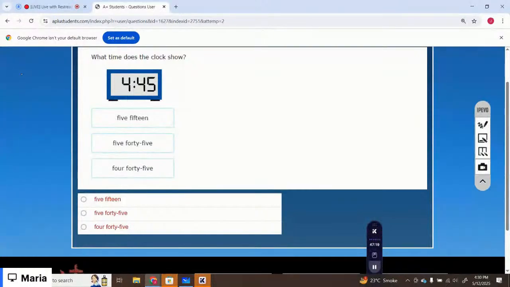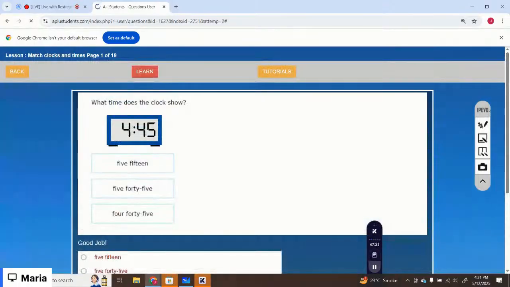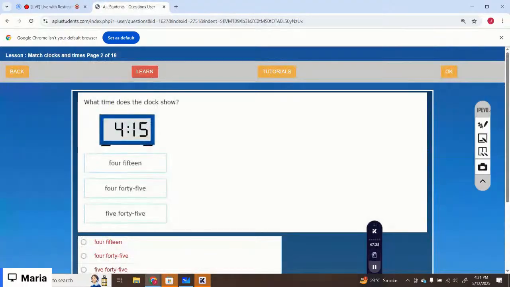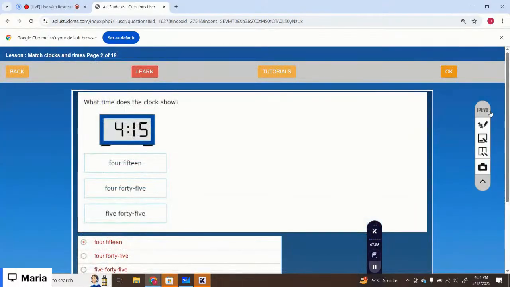That is 4:45. The last option is the correct option. 4:45. What time does the clock show? That is 4:15. Option number one is the correct option.